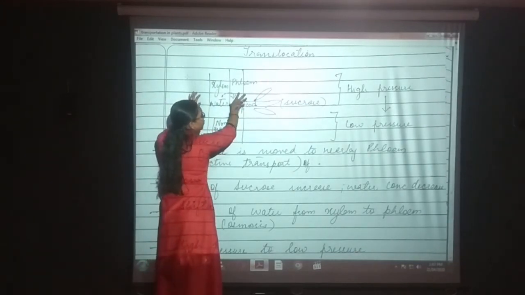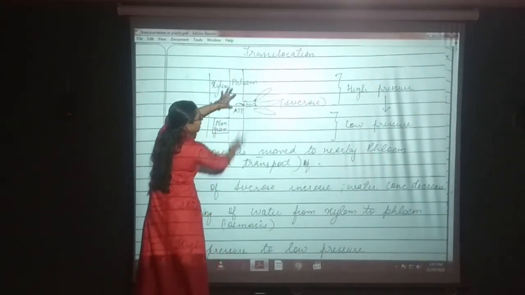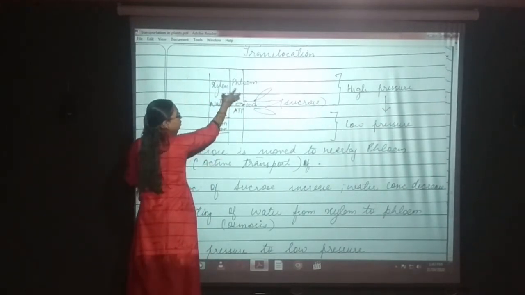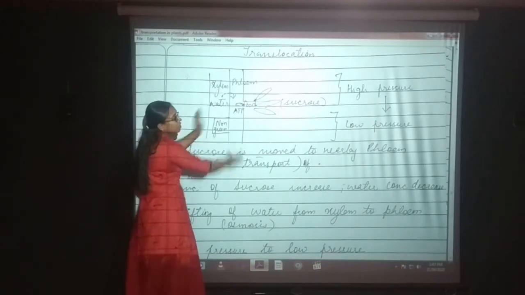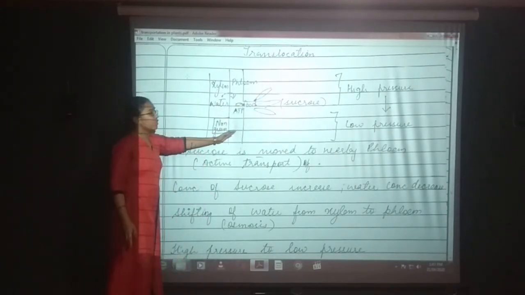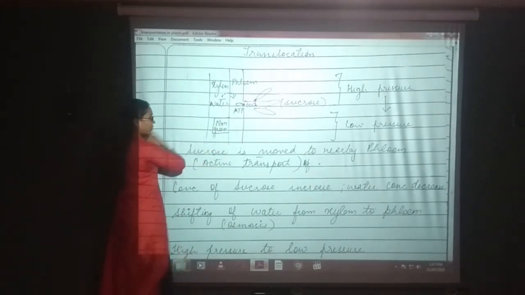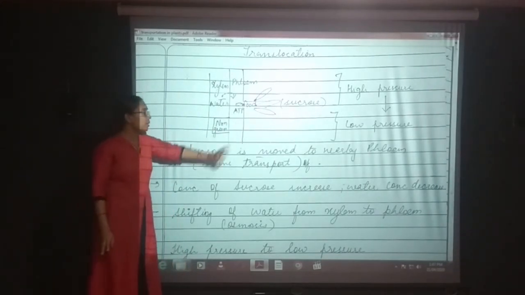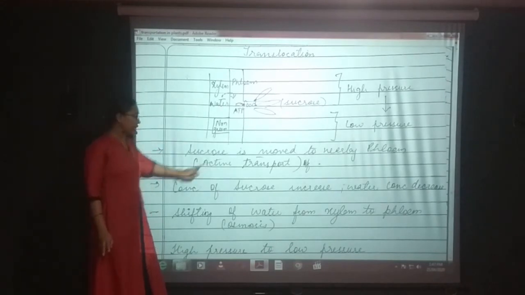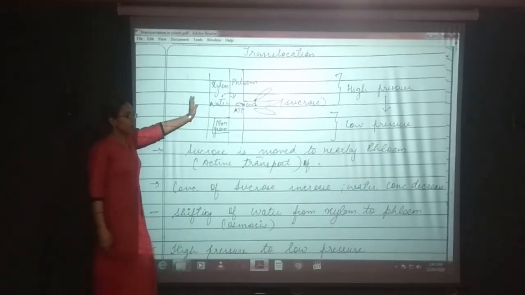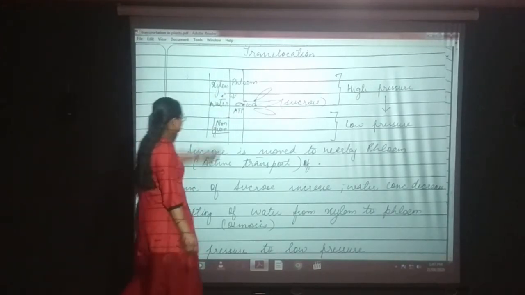So the sucrose and water will combine and have a higher concentration. When it has higher concentration, it will move from high pressure to low pressure region, and it will move to the non-green regions. Sucrose is moved to the nearby phloem, active transport is carried out, the concentration of sucrose increases and the water concentration decreases.